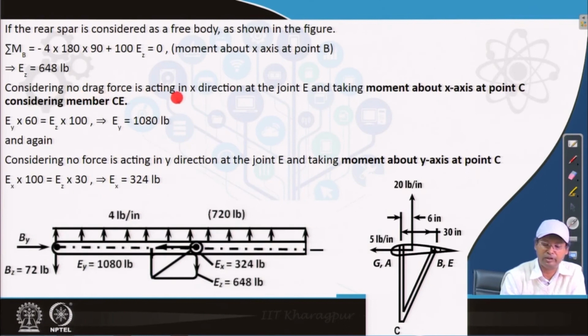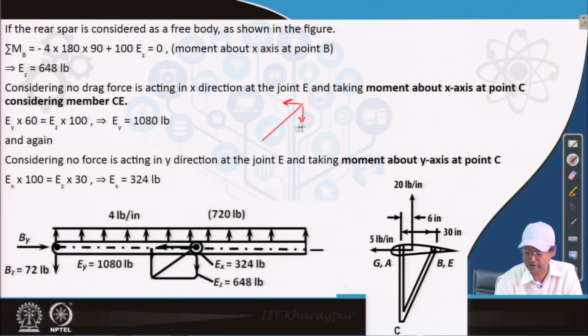Considering no drag force is acting in x direction at the joint E and taking moment about x axis at point C, considering member C E, in a similar way as we have seen in the last one, here also we have this force and this force, this is equal to E z and this is E y, and then accordingly we can find out that E y is equal to 1020 pound.